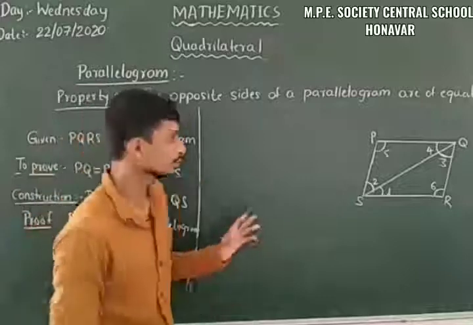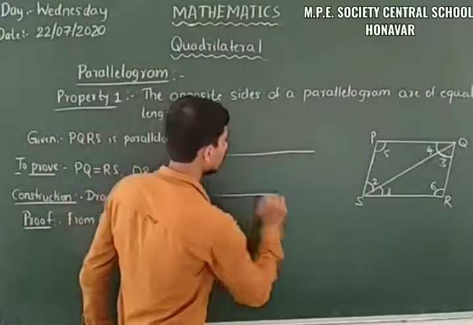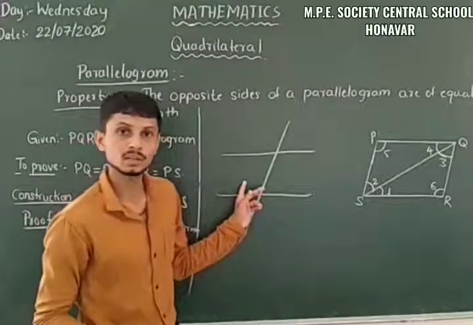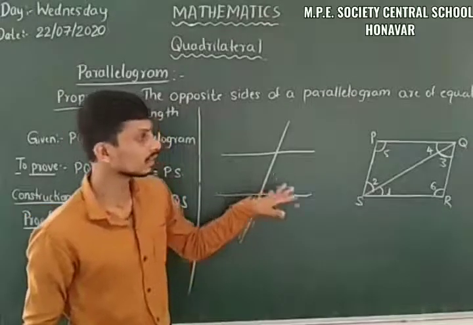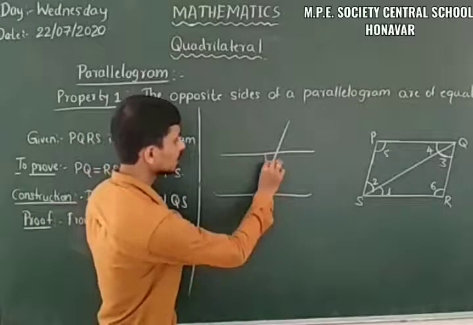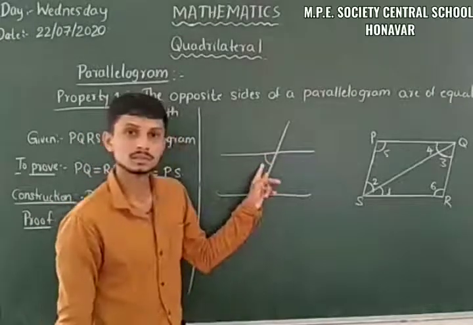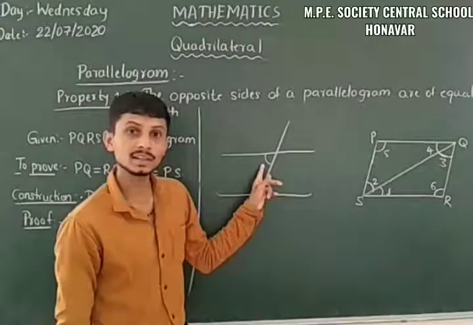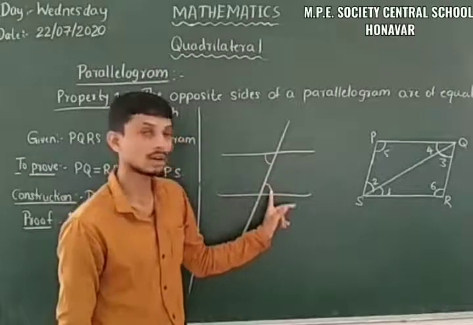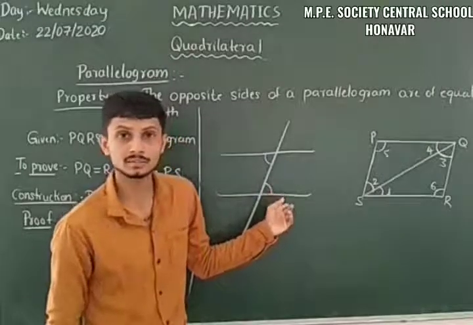Just observe here. We already know about the transversal. This is a transversal. When we take the transversal, these two angles are always equal. We already learnt that. These angles are called alternate angles.